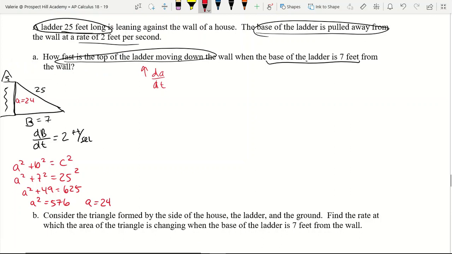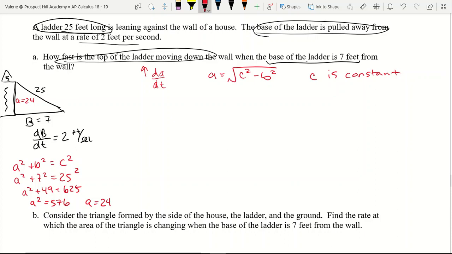The equation is A equals the square root of c squared minus b squared. And we know that c is constant, because the ladder is not going to shrink in size. The ladder is going to be 25 feet long at all times.